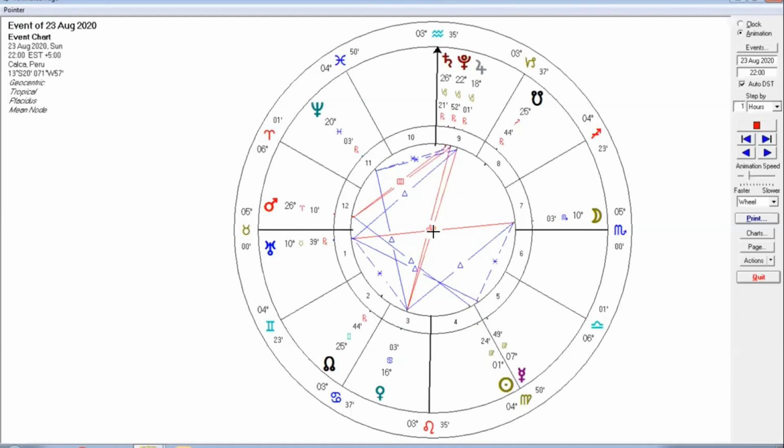But the fact that the houses change means that the areas of life that are most prominent and most triggered and most important to you in your life are very different. So this is why astrologers always ask for as precise a birth time as you can get, so that you can know both your ascendant, your rising sign, and which houses of the chart each of the planets are in.